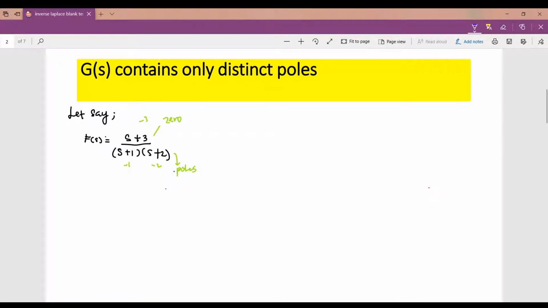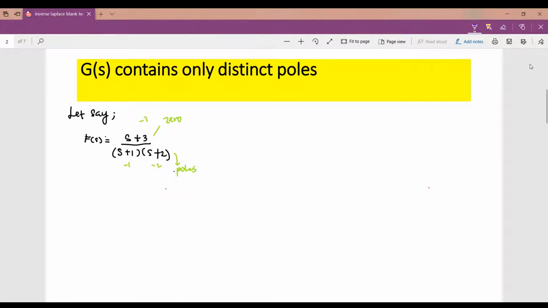So this can be categorized as G(s) containing only distinct poles. Next, the first step is to do the partial fraction. So what is partial fraction? You divide the denominator into unknown numerators.